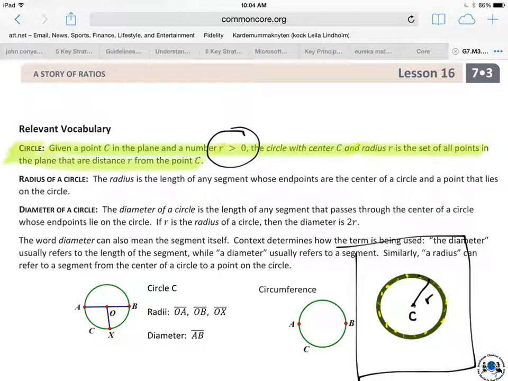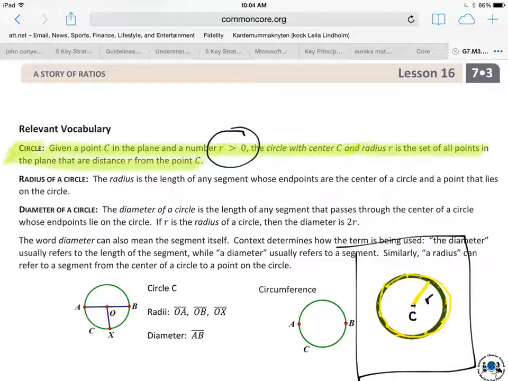But all the points on that line right there, that circle right there, a set of all those points that are all this distance r from the center. Okay, so you can see how we can take a very simple object, which is a circle, and give it a very complicated definition.